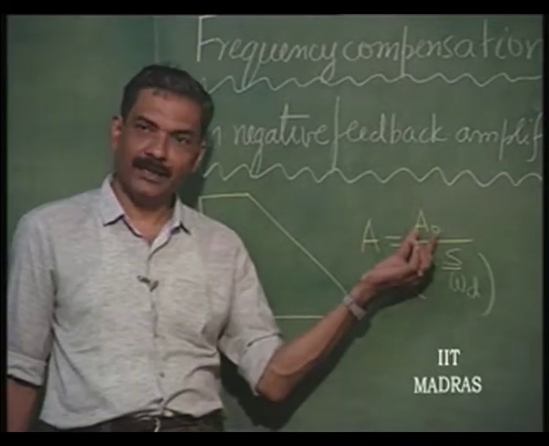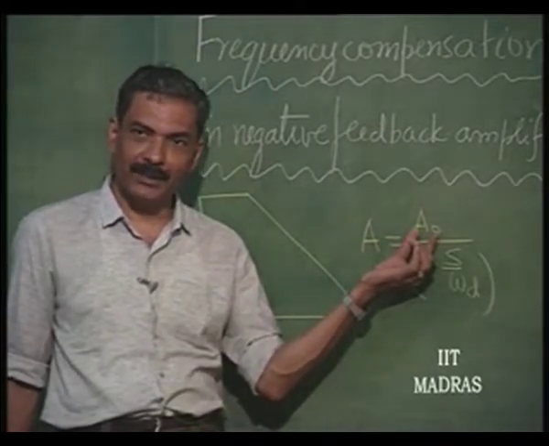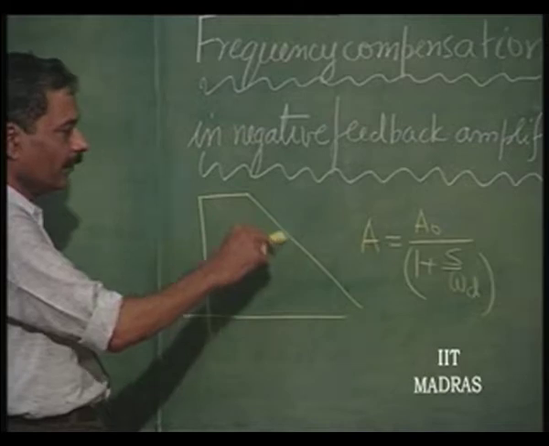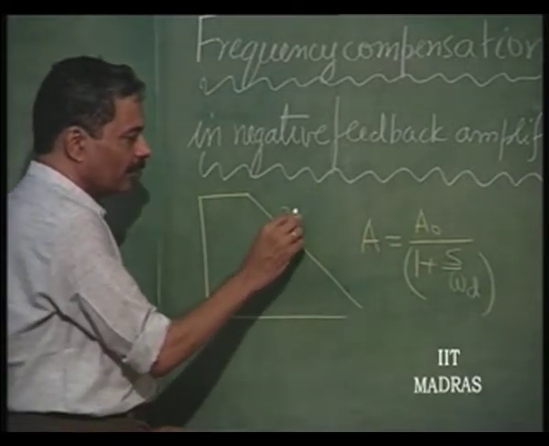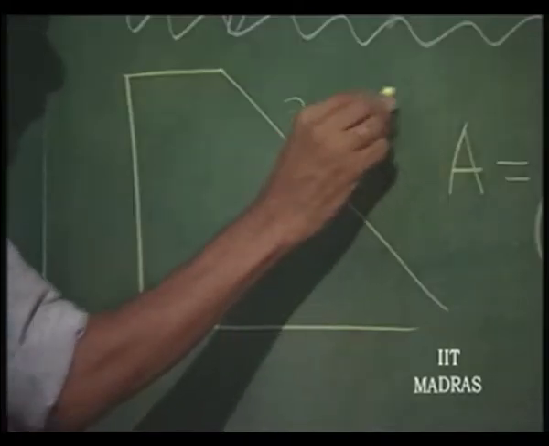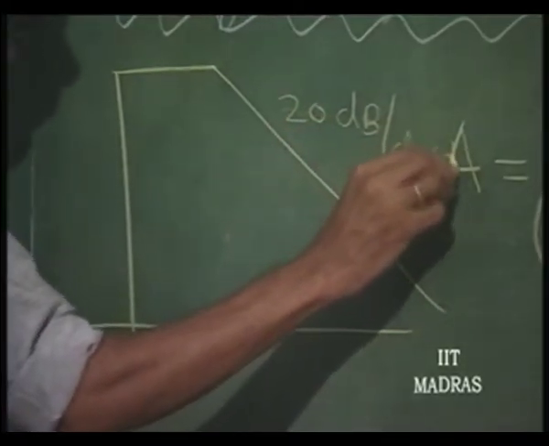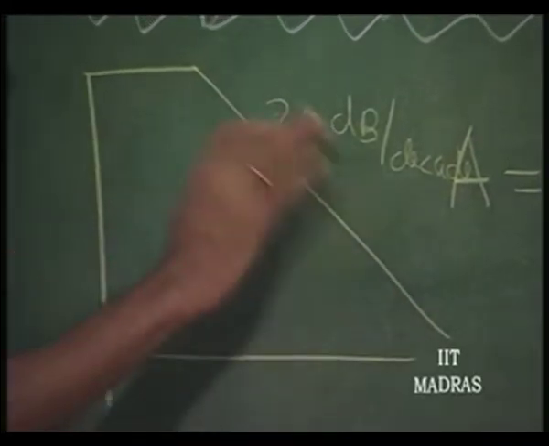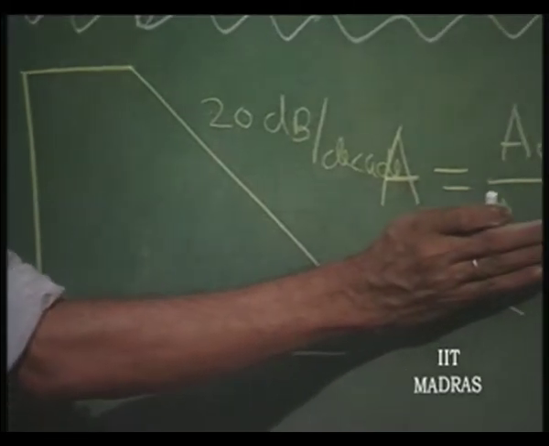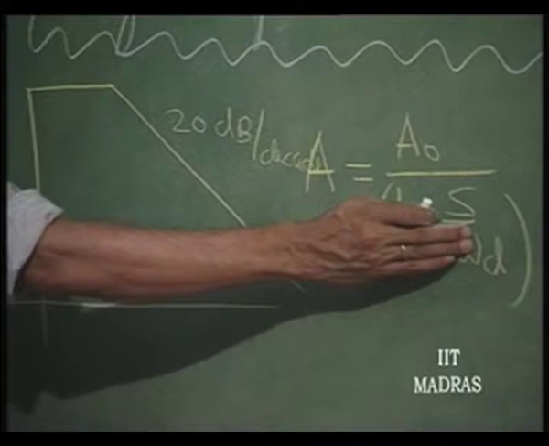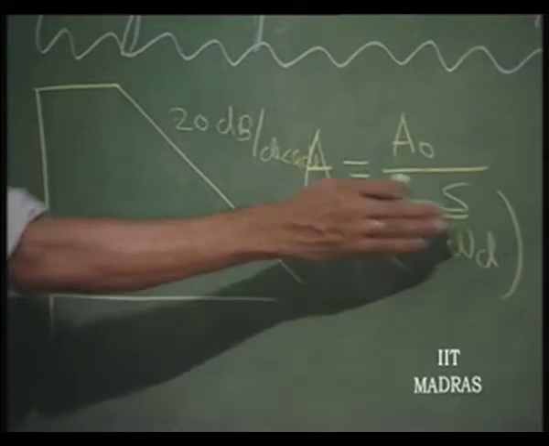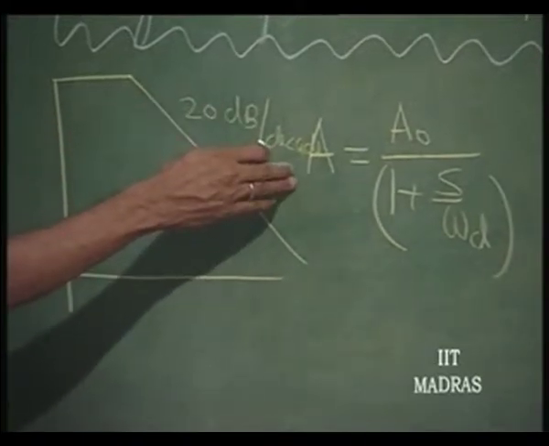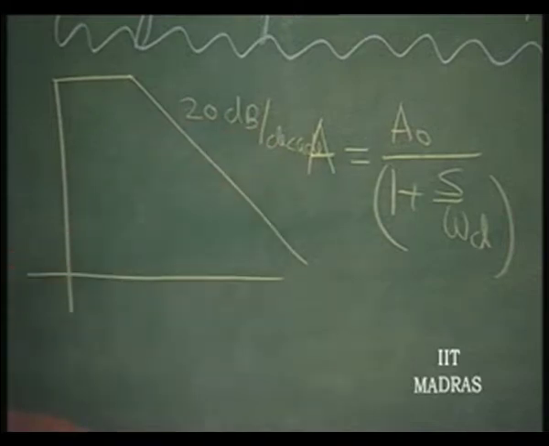A naught is the DC gain at S equal to j omega, omega equal to 0, and it is going to fall off at, let us say, 20 decibels per decade. This is what is going to happen as frequency increases. It is inversely proportional to frequency, and from one frequency to another, if the difference is a decade, that is a ratio of 10, it is 20 log 10, which is 20 decibels per decade.